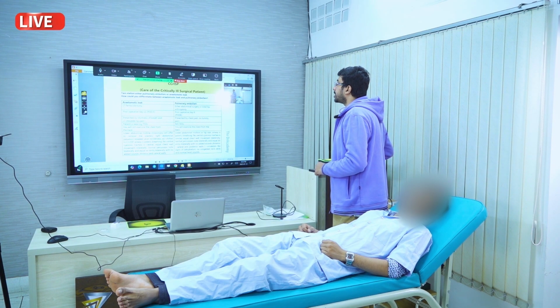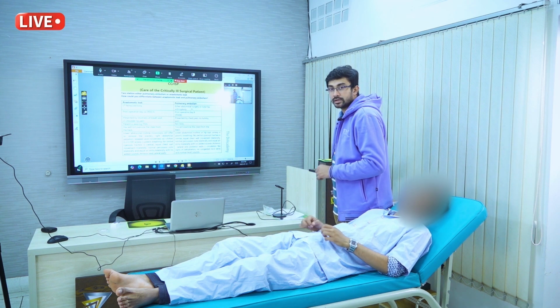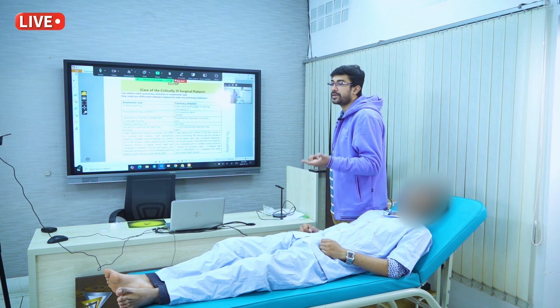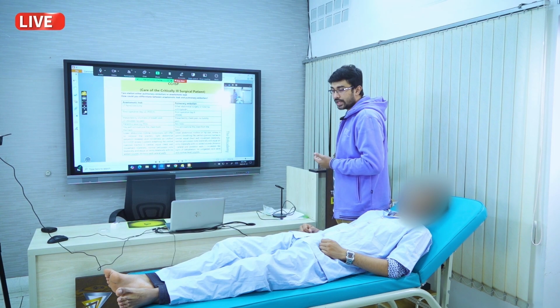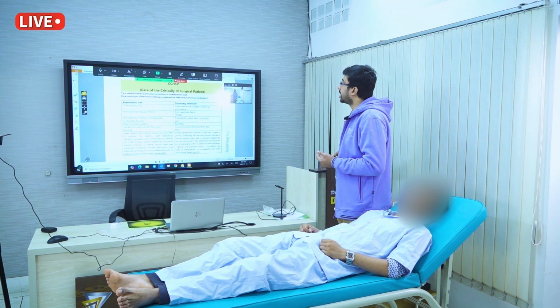Whereas pulmonary embolism occurs following major abdominal surgery or pelvic surgery or hip replacement surgery due to prolonged immobilization.